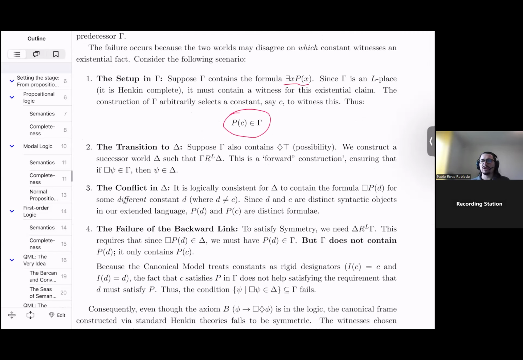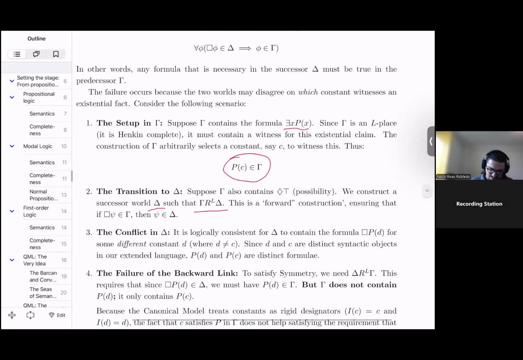C. And we have it such that PC is in gamma. Now suppose that gamma also proves the verum, which means that it can look to other worlds. So we construct a successor world delta such that this is the case.